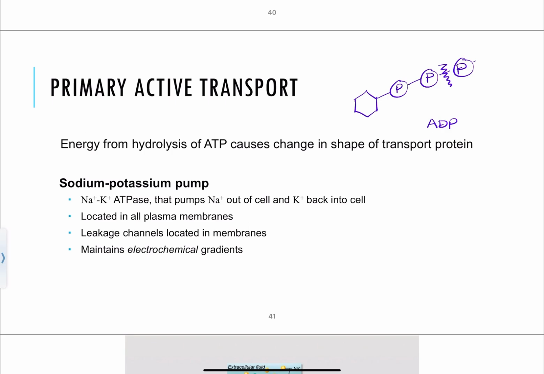Because our plasma membranes also have leakage channels that constantly allow sodium and potassium to leak down their concentration gradient. So we have to have that pump that requires energy to push the sodium and potassium against their concentration gradient. And this is going to allow the cells to maintain an electrochemical gradient, which is really important for our excitable cells like our neurons and our muscle cells in order for them to function correctly.